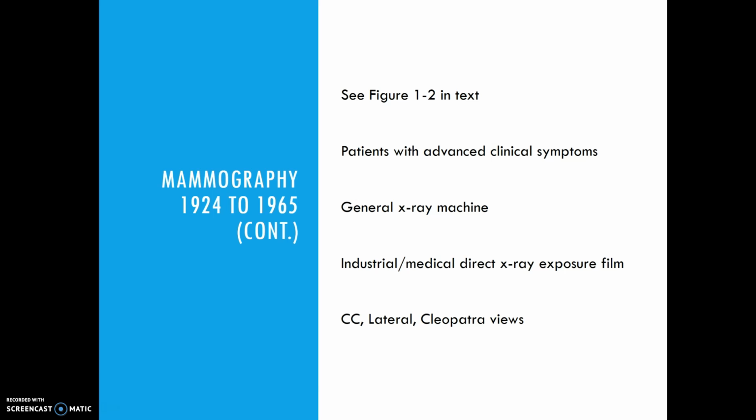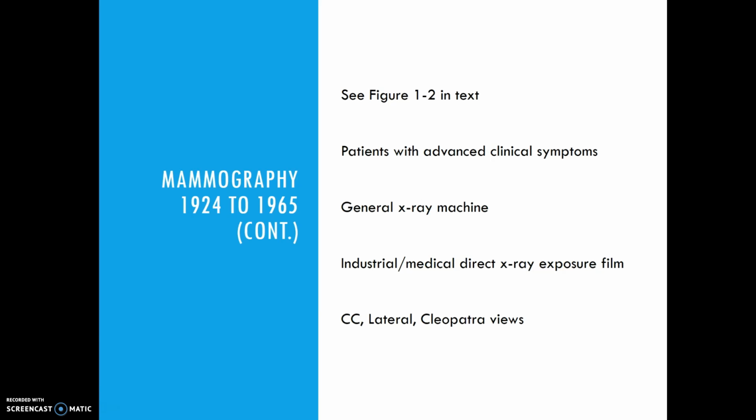So they used their general x-ray machines, found that they got best results from a low KVP, a relatively low MA, and a high time. It wasn't the most radiation safe exam, but it was the first time that they were able to really see the breast radiographically.